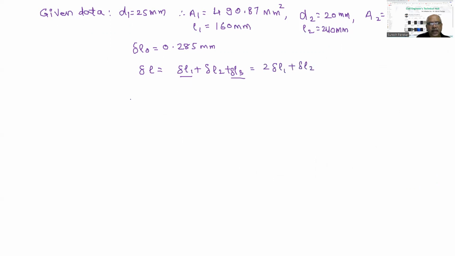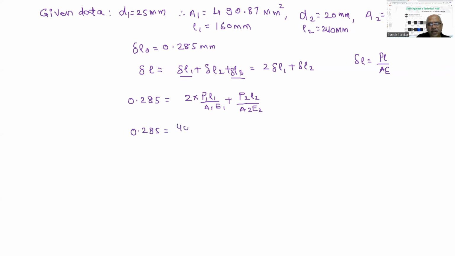Now delta L equals PL upon AE, so 2 into P1L1 upon A1 E1 plus P2L2 upon A2 E2. Now P and E are the same.